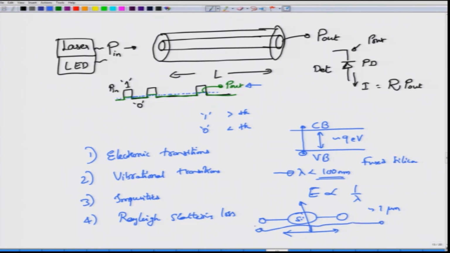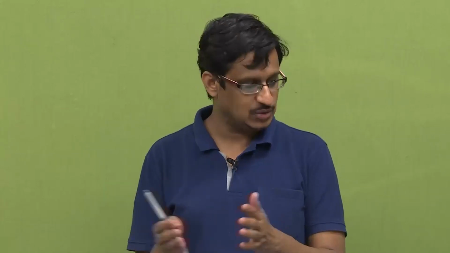These are the different modes of what are called acoustic waves or acoustic phonons, and when light propagates through the fiber, these different vibrational transitions can occur. Because they have to vibrate, they get their vibrational energy from the optical photon.